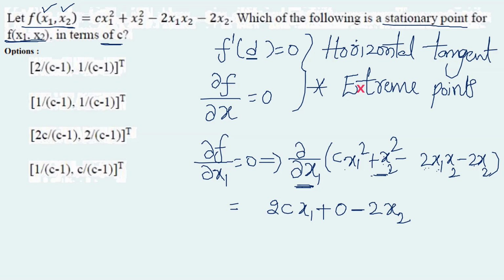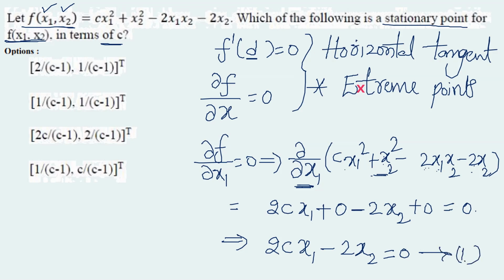So the derivative of a constant is again 0. The equation reduces to 2c x1 minus 2x2 equals 0. Let's assume this as equation 1.